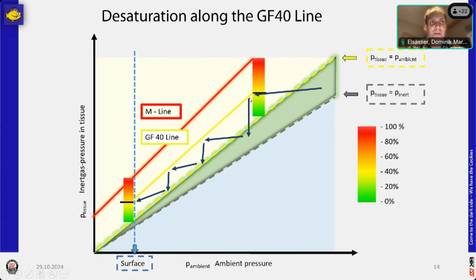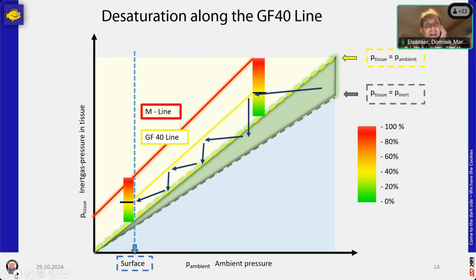So first stop happens at 40% of the allowable supersaturation. And then you wait and you go up, up, up. This is a bit roughly sketched, these arrows here, but you get the idea. You wait and ascend a bit more and wait and ascend a bit more and so on. And at the end, you reach the surface at 40% of this M value that would be allowable at the surface. That's the most simple realization of this.